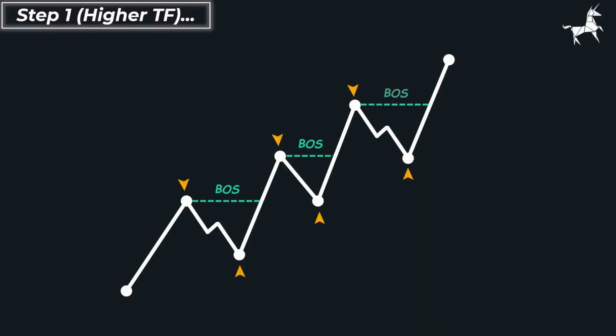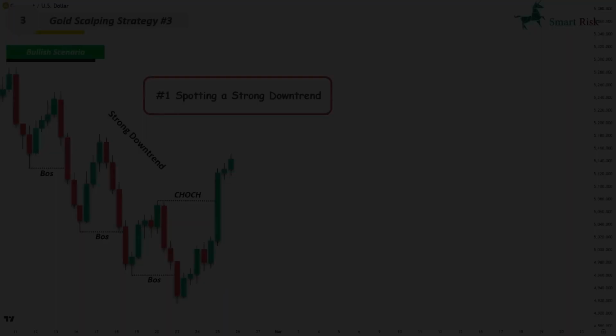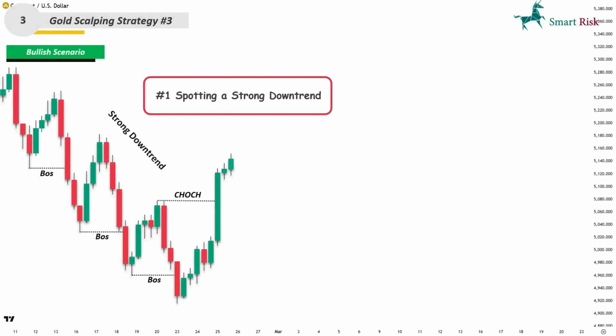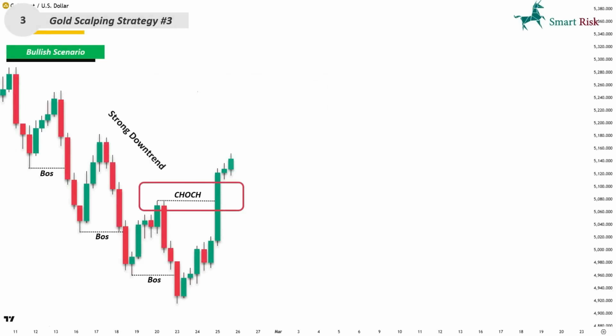On the other hand, to confirm a strong uptrend, price needs to form 3 consecutive bullish breaks of structure. Once that is confirmed, the next thing you need to look for is a higher time frame change of character. So, if price breaks and closes above the most recent break of structure high of a strong downtrend, it signals a bullish change of character, suggesting that sellers are losing control and the market may be preparing to shift direction.